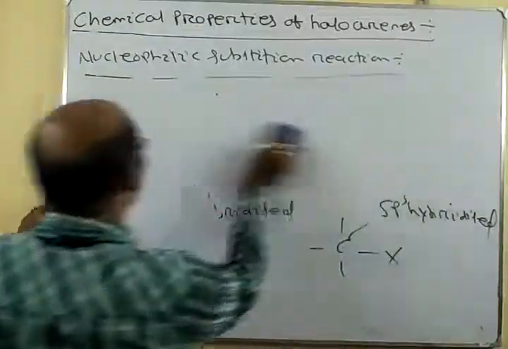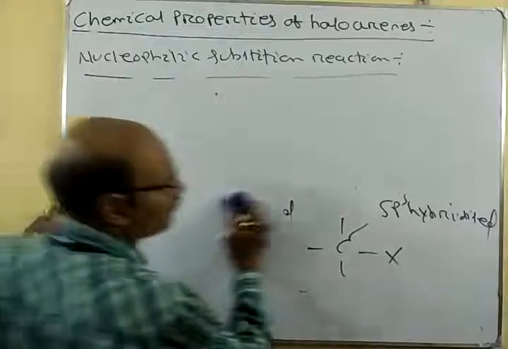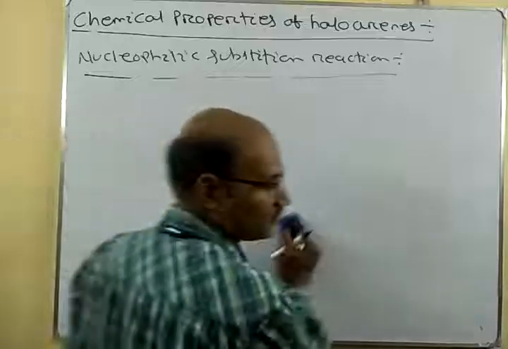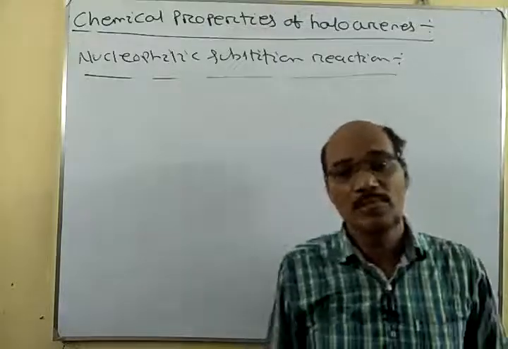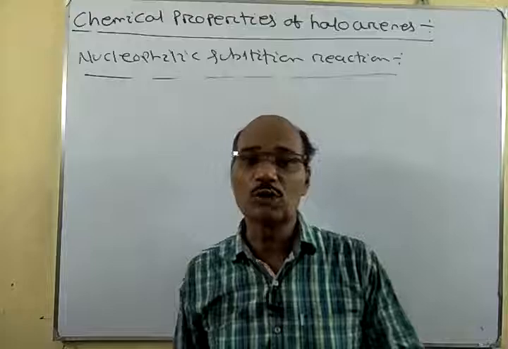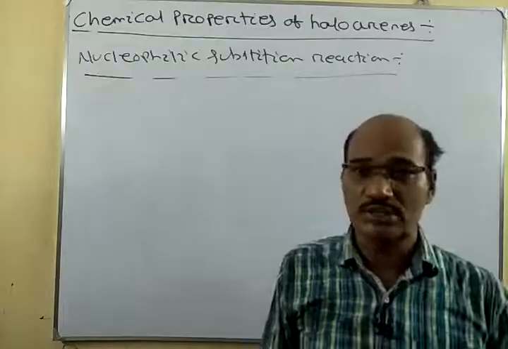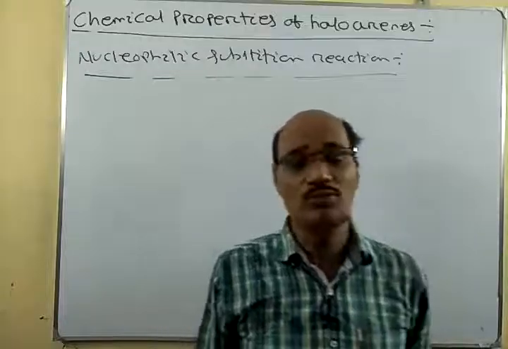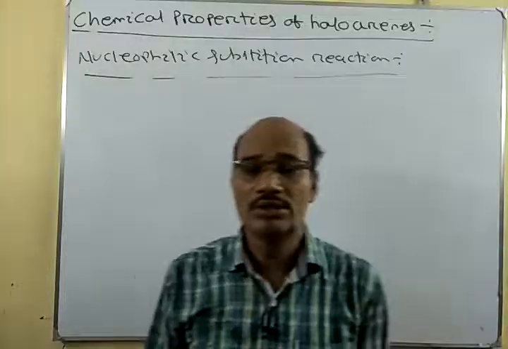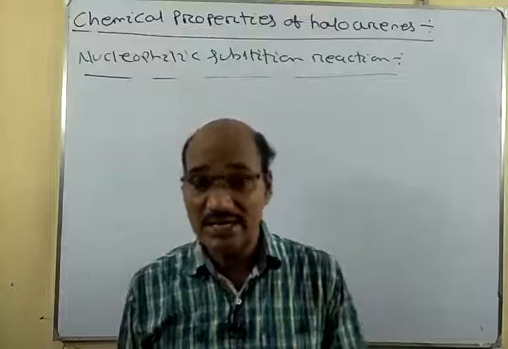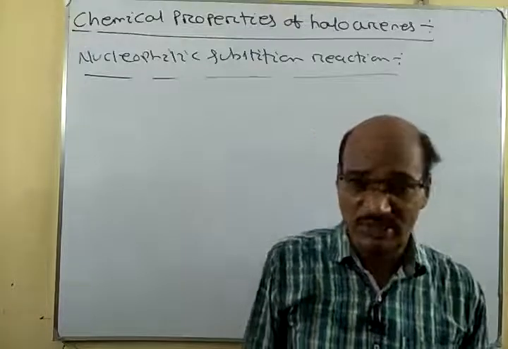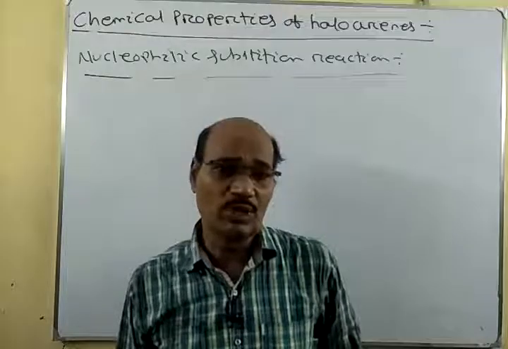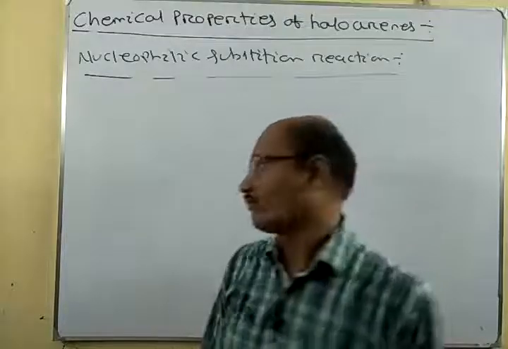However, if you give drastic conditions, the haloarenes may undergo some nucleophilic substitution reactions. The halogen atom can be replaced by the OH group, and you can get phenol. The halogen atom can be replaced by the cyanide group, CN minus, and you can get cyanobenzene. It can be replaced by the ammonia group and you can get aniline.